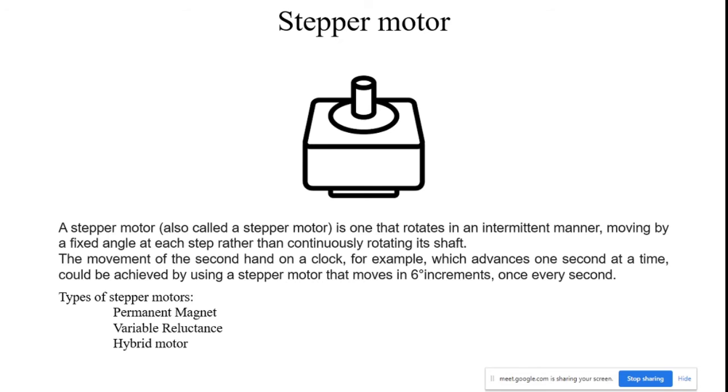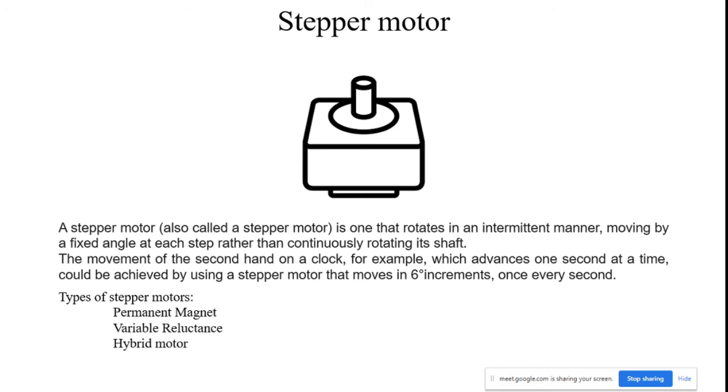The stepper motor does not give continuous rotation, but it can move discretely by some fixed angle, so that every step consumes some fixed angle rather than continuously rotating as a shaft.